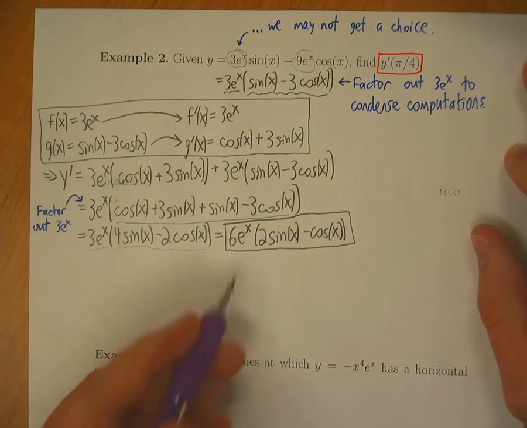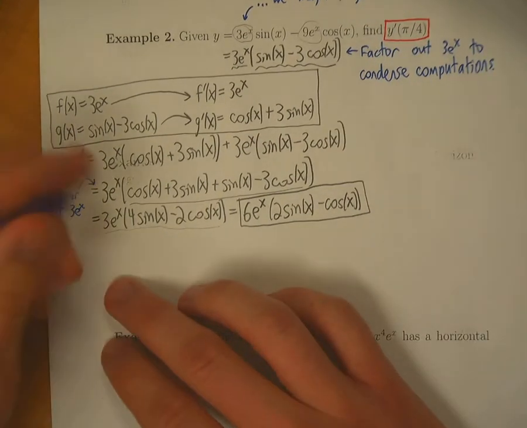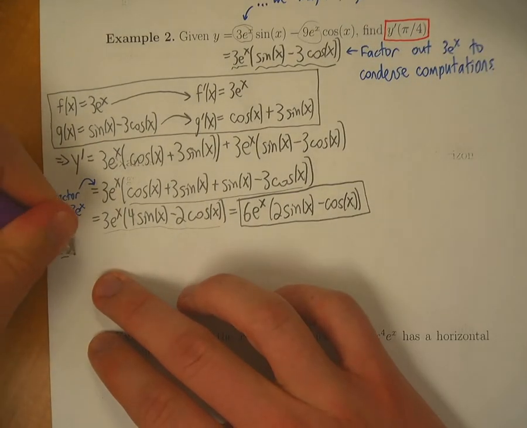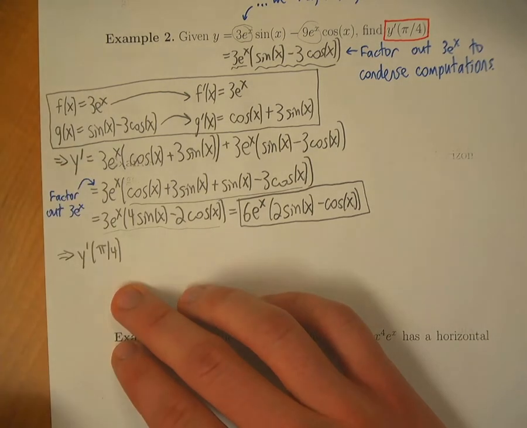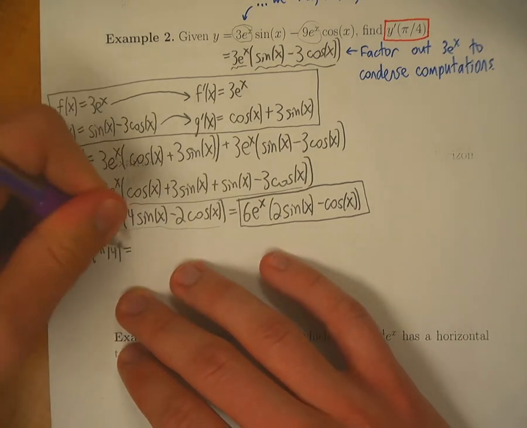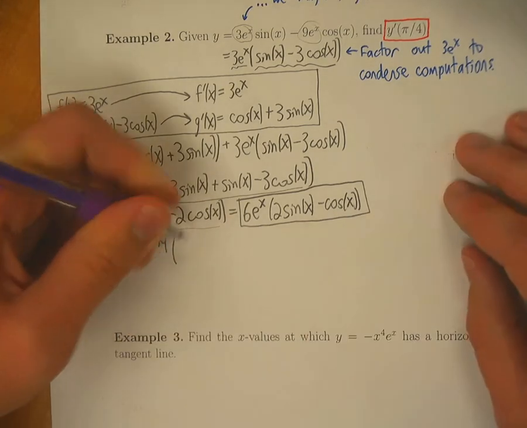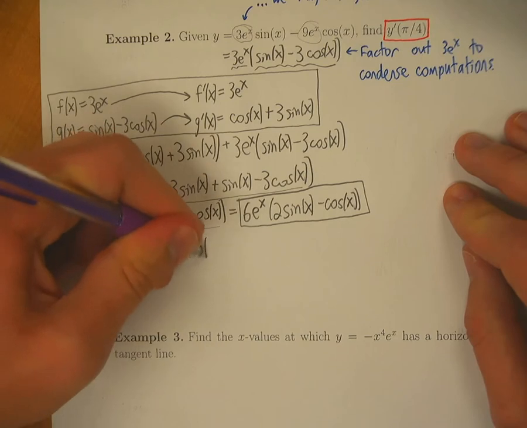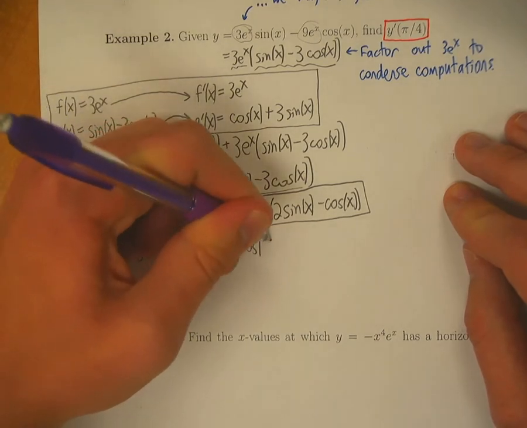So what that says is that we just have to let x equal pi over 4 now. So y prime of pi over 4 is equal to 6 times e to the pi over 4 times 2 times sine of pi over 4 minus cosine of pi over 4.